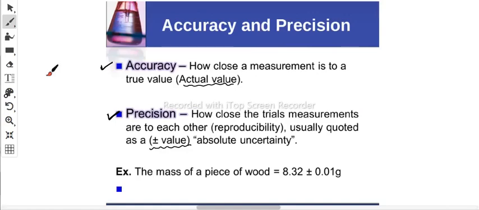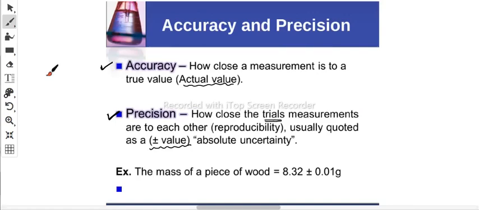Through our slides and our lesson, we will dig deeper into the plus-minus and the absolute uncertainty taken from different equipment and tools. Let's consider once more the precision definition: it's how close the trials' measurements are. You need to remember that inside the lab, we usually do more than one trial.